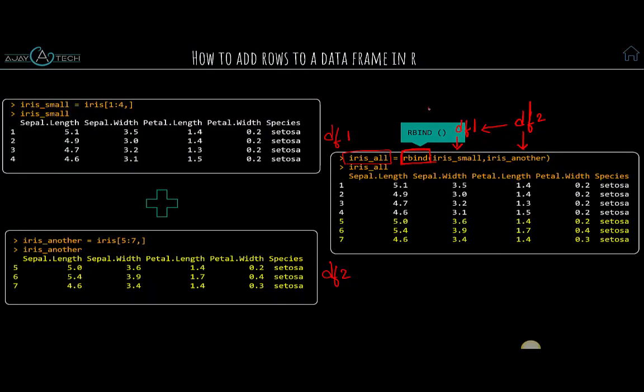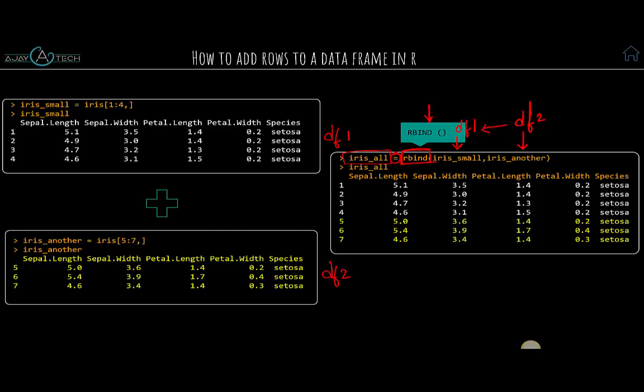The command is rbind. So using rbind, you can add a single row, or you can add a bunch of rows in one data frame into another data frame. And if you want to actually change the original data frame 1 itself, you just want to assign it to this same data frame 1, or you could do it to a new data frame in this case.